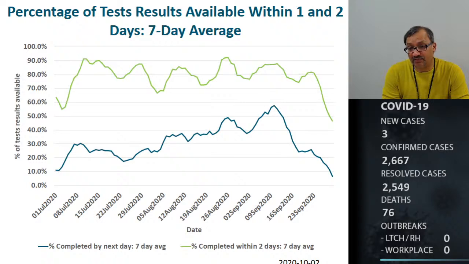In the recent week, less than 10% of the cases are being reported to us within 1 day. So it's taking us longer, and even the number of tests reported to us within 2 days has also gone down to close to 50% now, signaling the demands at the public health lab at this time with all these tests.